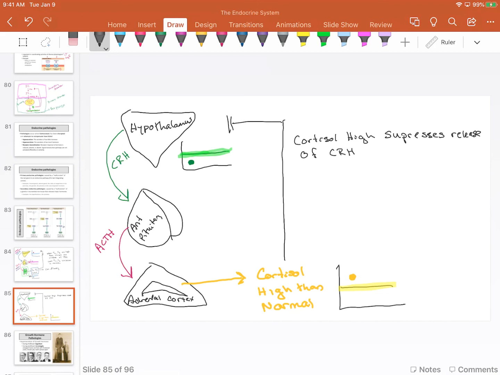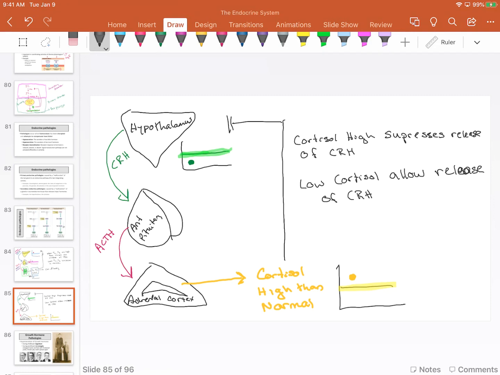Low levels of cortisol, and I mean by lower than normal, outside the normal acceptable range, low levels of cortisol allow the release of CRH. So in this situation, would it be appropriate for CRH to be low?